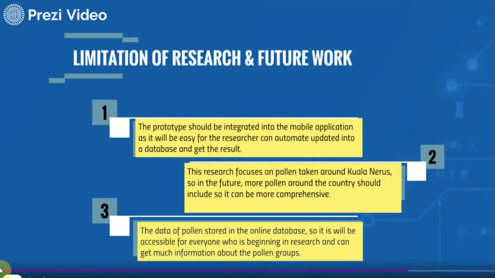So in the future, I hope I can collect around the country so it can be more comprehensive and the data of pollen stored in an online database so it will be accessible for everyone who is beginning in research and they can get more information about the pollen groups.